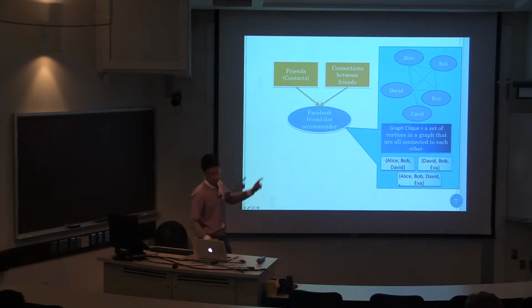For example, in this graph, Alice, Bob, and David are all connected to each other, so they can form a clique. This clique will later be combined with other cliques that overlap with it to form the recommendation result.